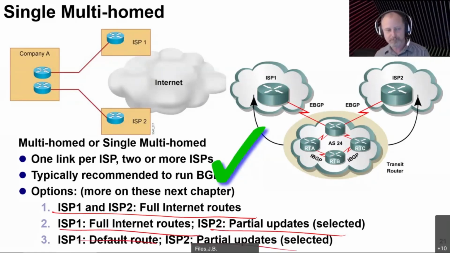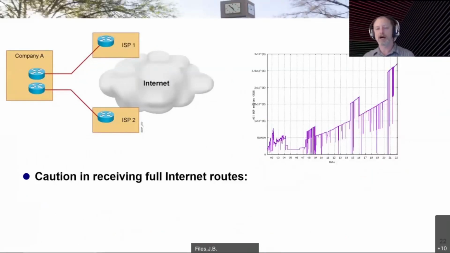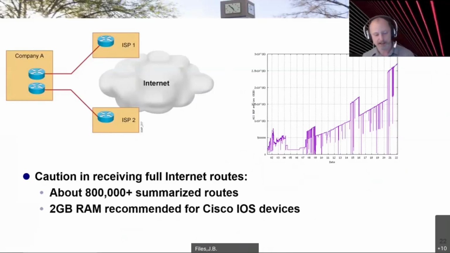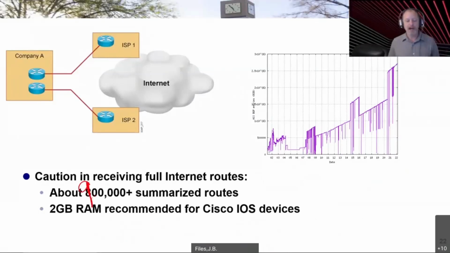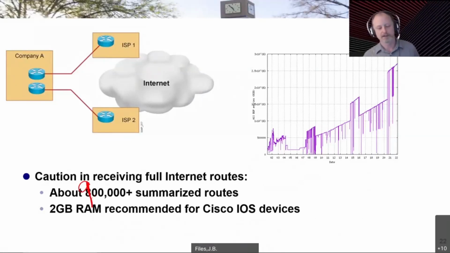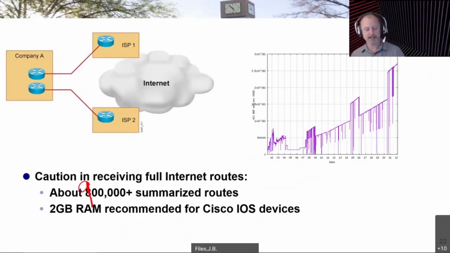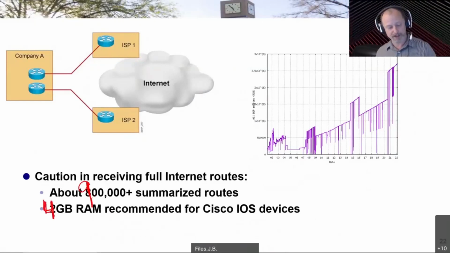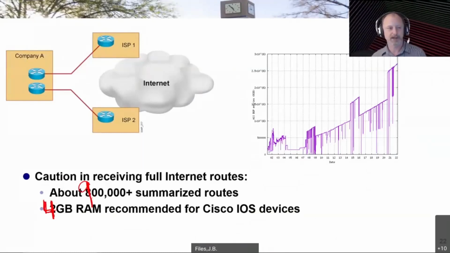We'll talk about these different scenarios a little bit more later on. Okay. But one thing to keep in mind when it comes to receiving full internet routes, okay, actually, over 900,000 summarized routes. And I think Cisco has even upgraded this, 4 gigs of RAM recommended. Okay.